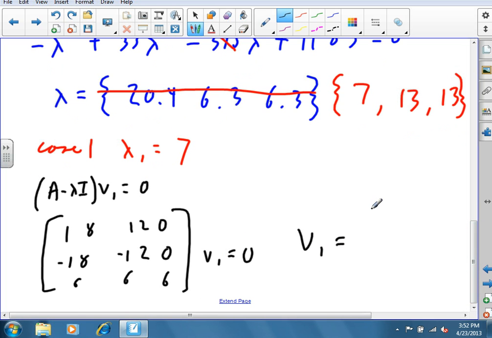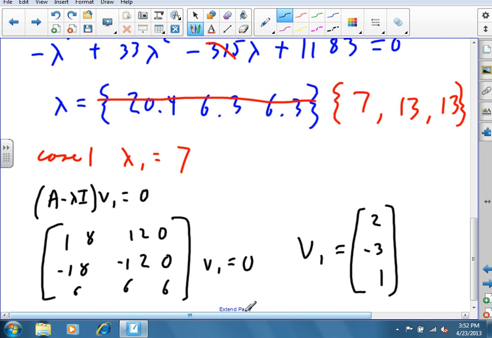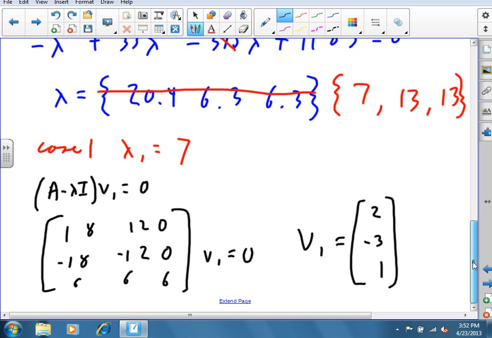All right, so if I take 2 of this one and 3 of that one and 1 of this one and put a minus sign there, is that going to work? 2, 3, 2, 3, 2, 3. Yeah, that's going to work. Okay, so I got my first eigenvector. Excellent. I am just so happy for me.